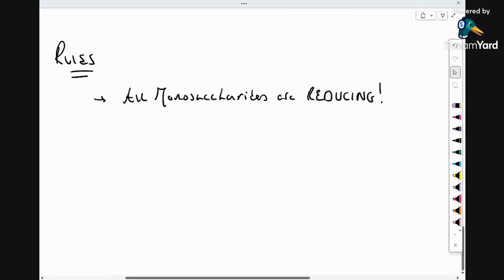And that is because, as we've seen with our examples, we have a free, in the linear form, aldehyde or ketone group that are able to reduce compounds and become oxidized themselves.